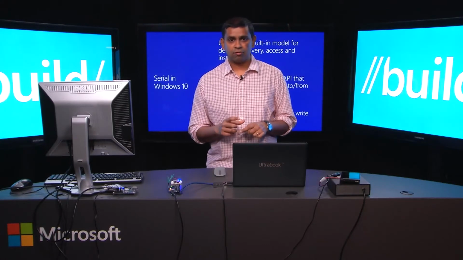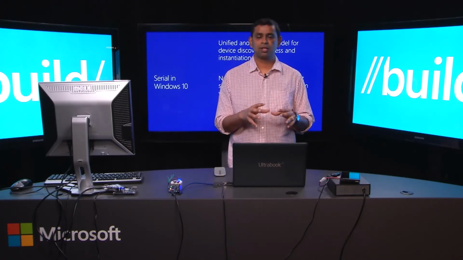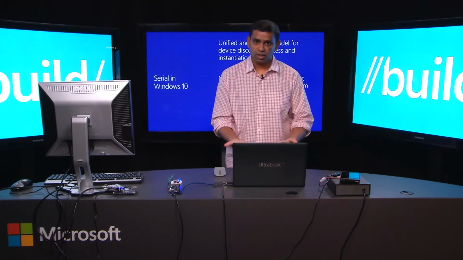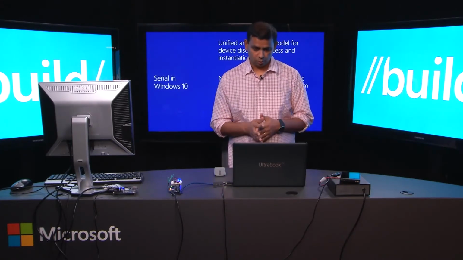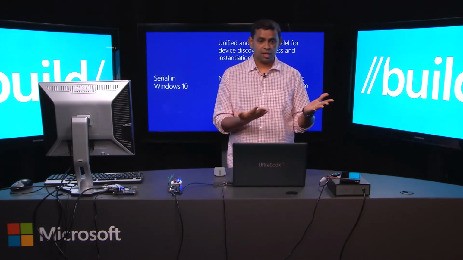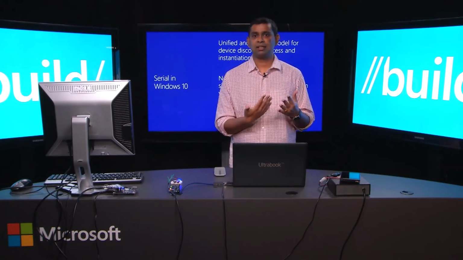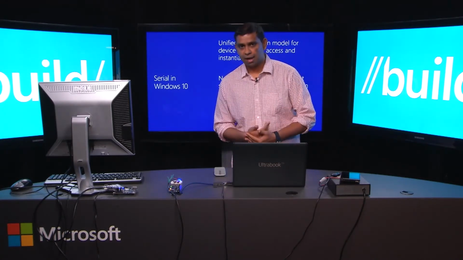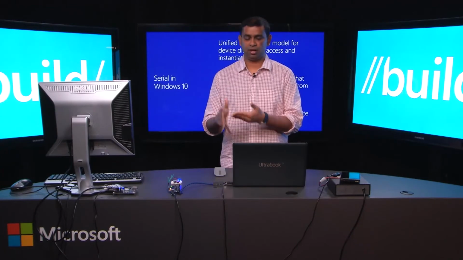And the final point, which is that it works with Windows Universal Apps, which means you can write it once and deploy it everywhere. So you can see that you don't have to do anything specific for making your app work on phone or a tablet or on a desktop or on an embedded device.